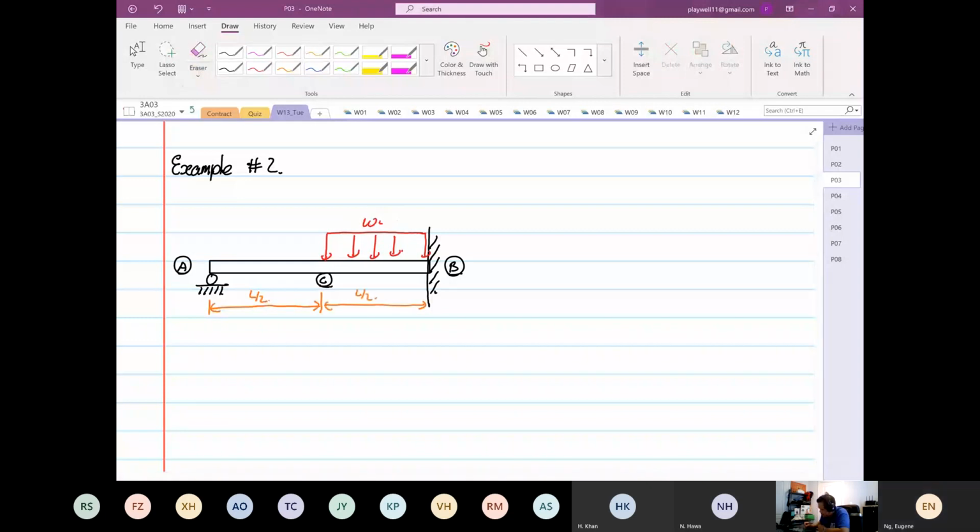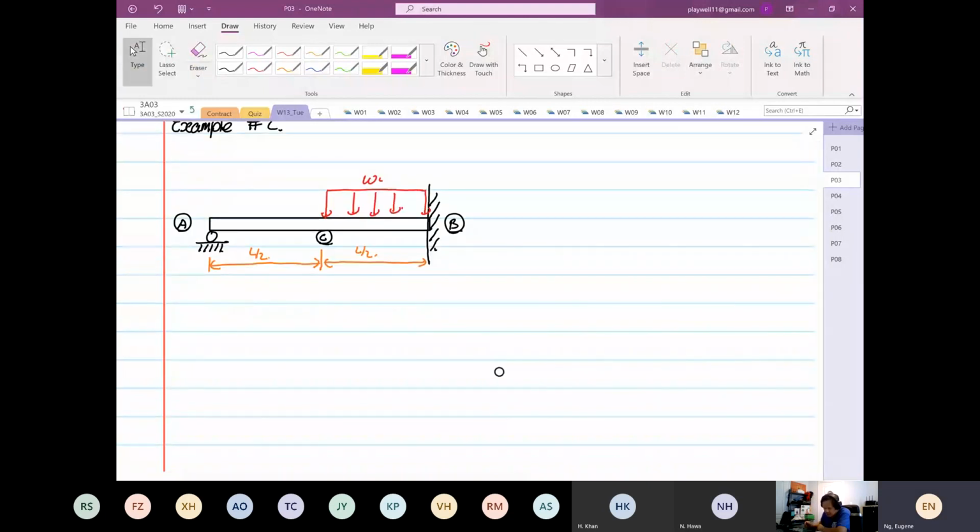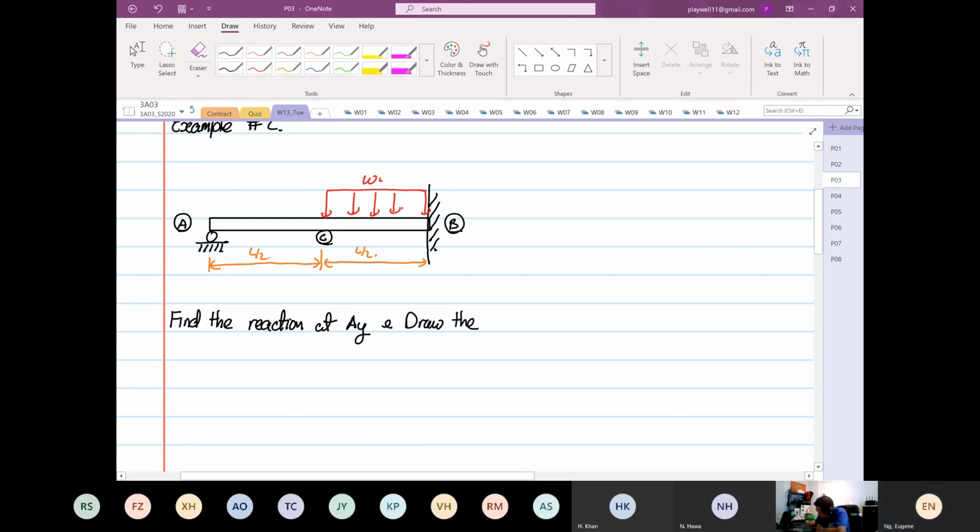So we want to find the reaction at AY, and we're going to draw the bending moment diagram.